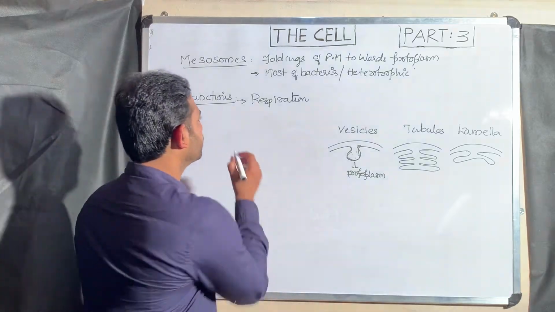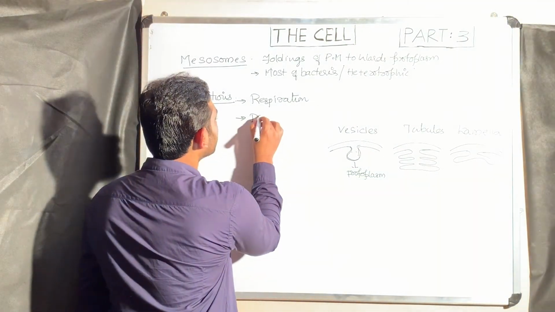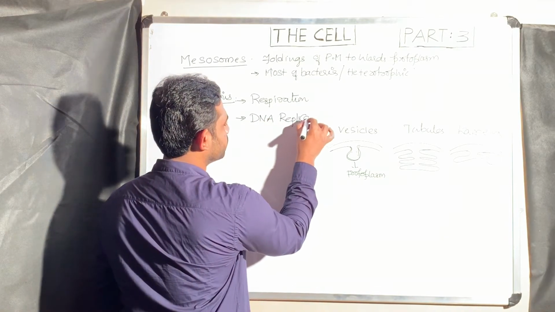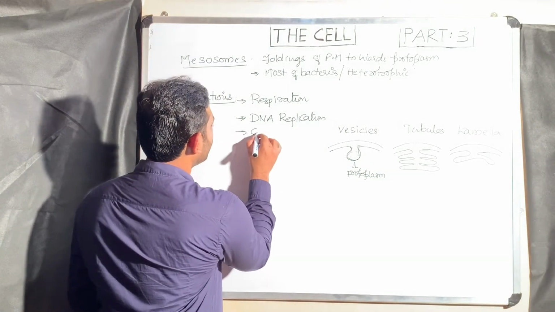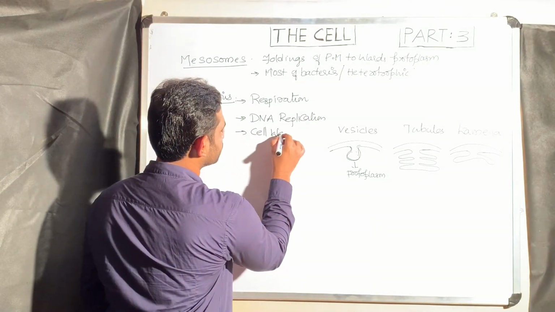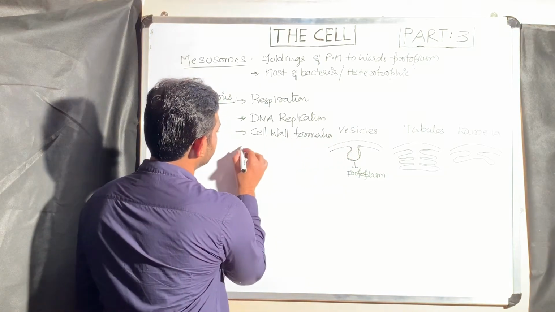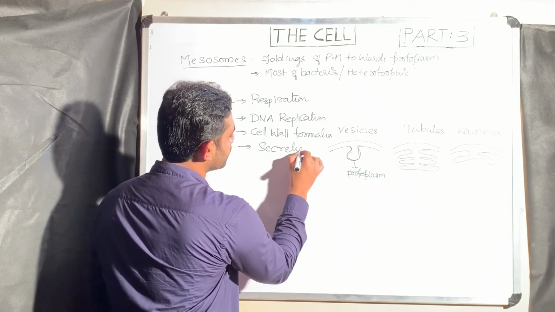Along with that, these mesosomes are also involved in DNA replication, and also help in cell wall formation. These mesosomes also help in secretion.